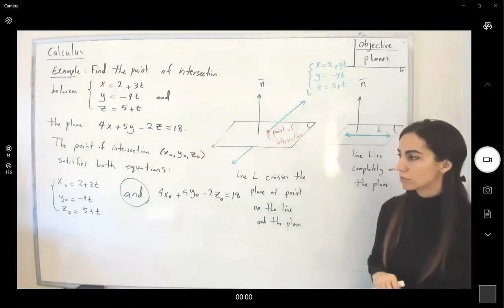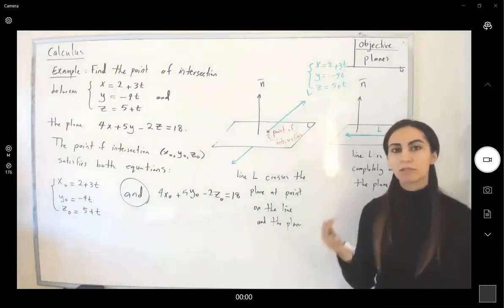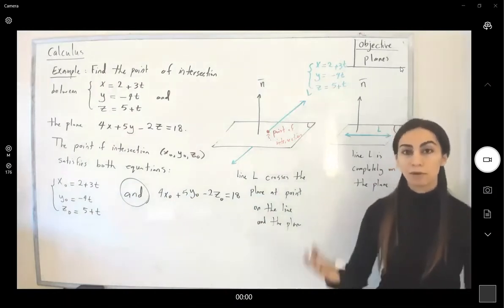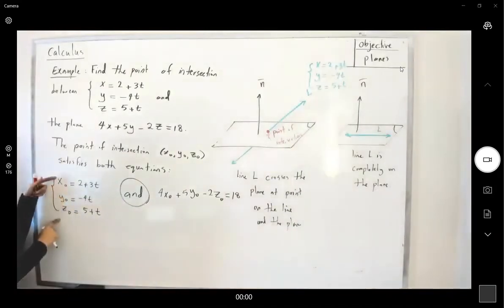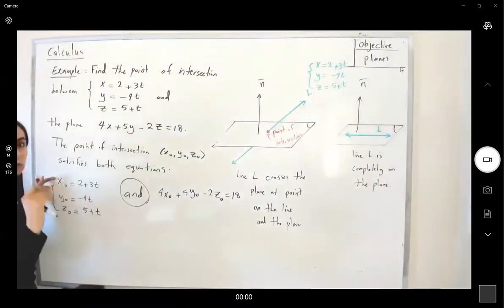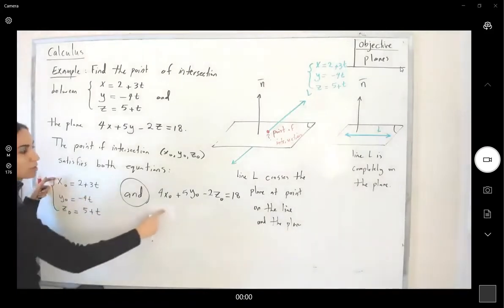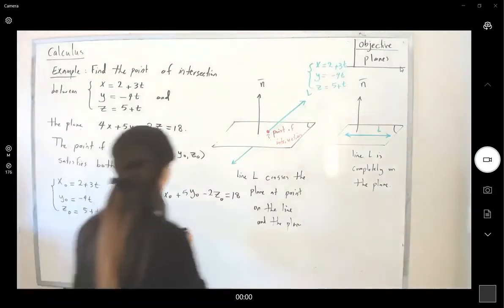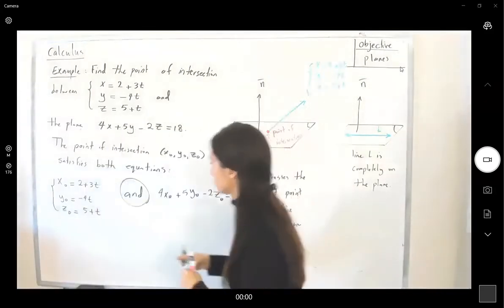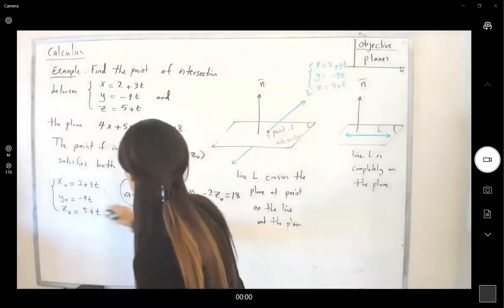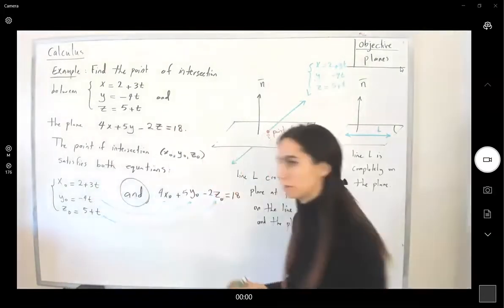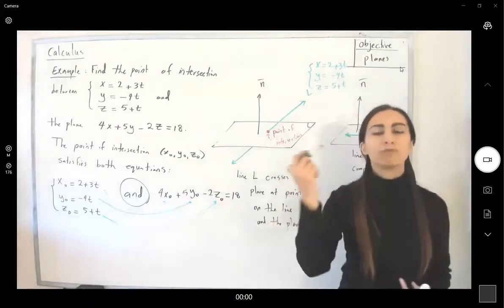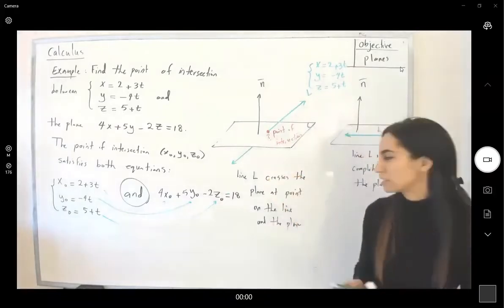Well, okay, they have 1, 2, 3, 4 variables, but note that each one of these three variables is written in terms of the fourth variable. So since you have a nice relation between them, just substitute all here. Then we get one equation with one variable, and then the rest is easy.